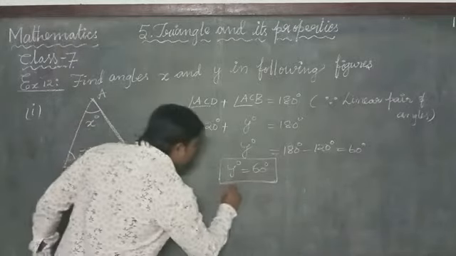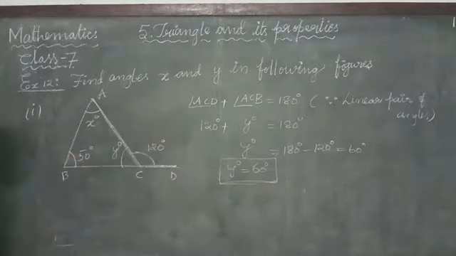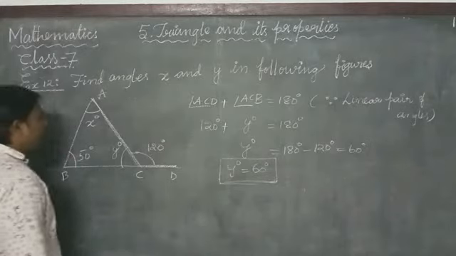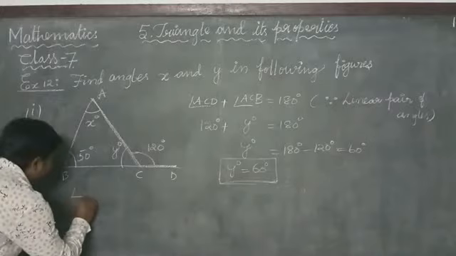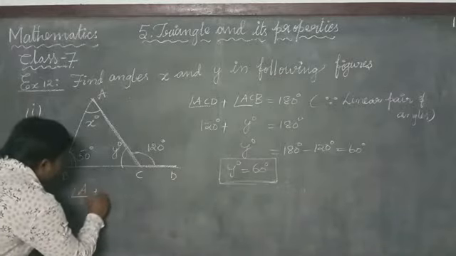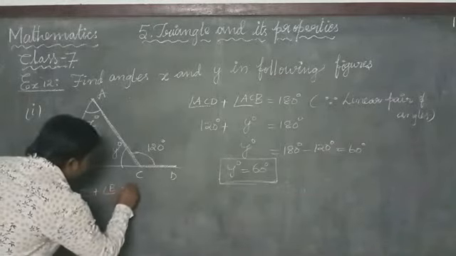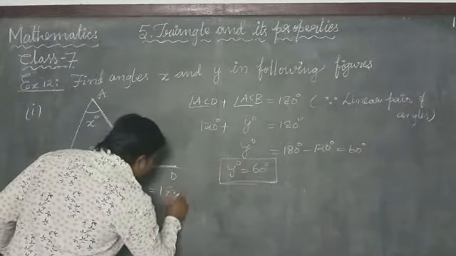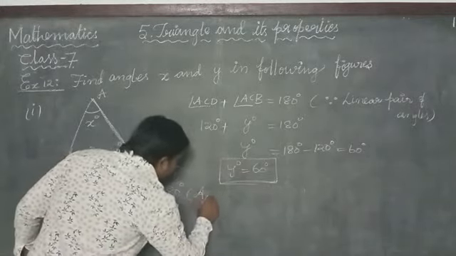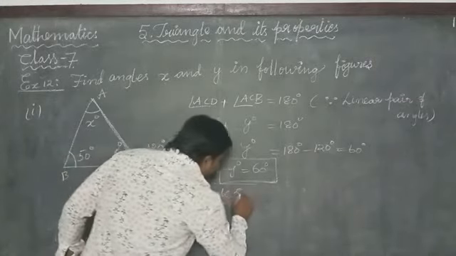Here, by using the angle sum property of triangle, we can find x. From the angle sum property of triangle, angle A plus angle B plus angle C equals 180 degrees.